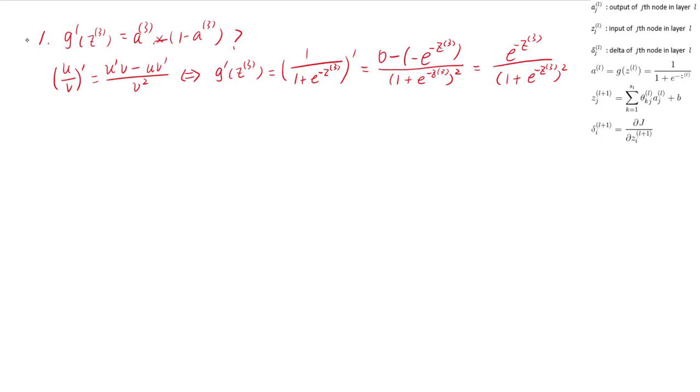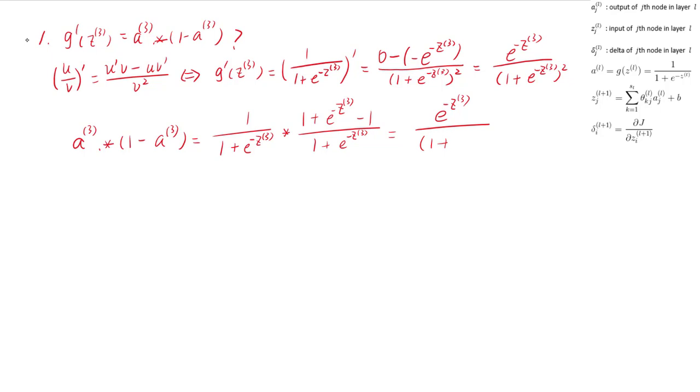On the other side of the equation, a3 dot product 1 minus a3 is equal to 1 over 1 plus e negative z3 times 1 plus e of negative z3 minus 1 divided by 1 plus e of negative z3, which is equal to e negative z3 over 1 plus e negative z3 squared.